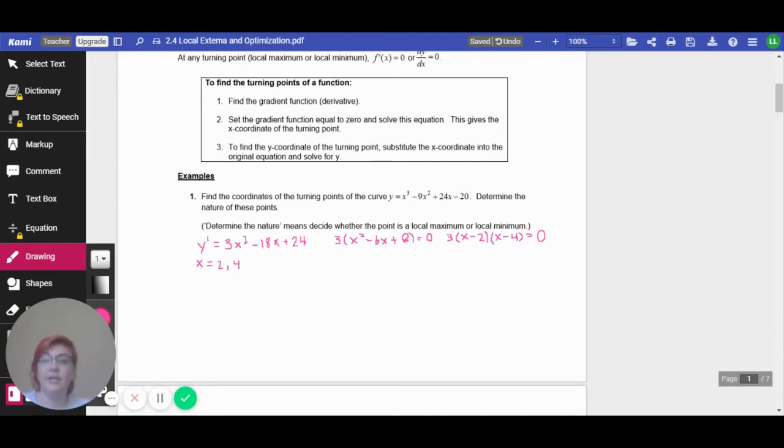Now, in order to find the y-coordinate, for each one, I will plug them into the original equation. So, for point 1, my x is 2. Now, I'm going to plug 2 in here to the original equation. So that is 2 cubed minus 9 times 2 squared plus 24 times 2 minus 20. And my y value there is 0.